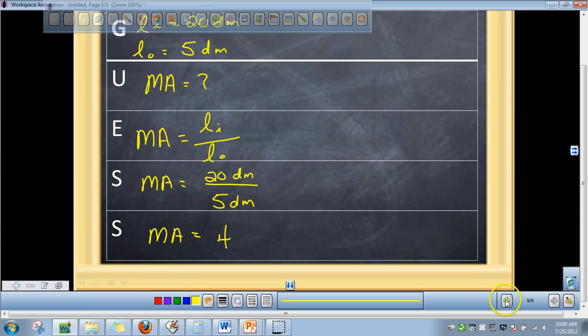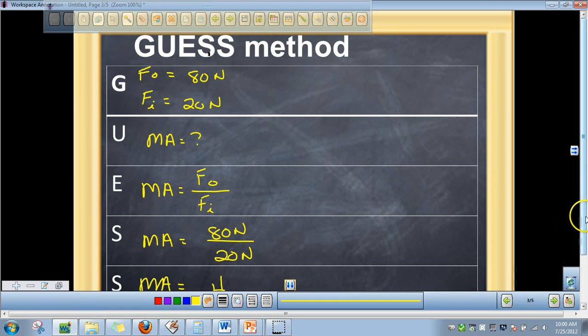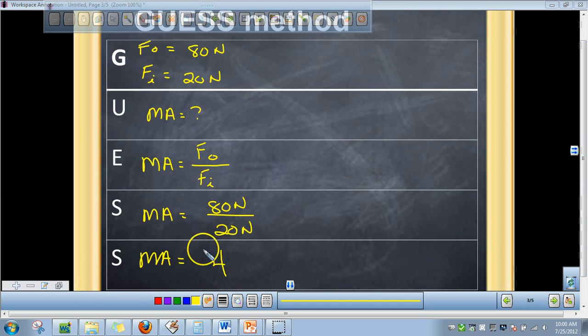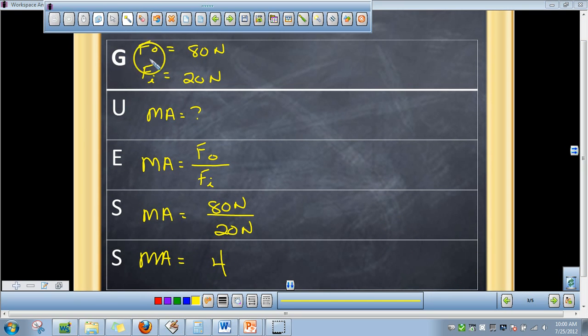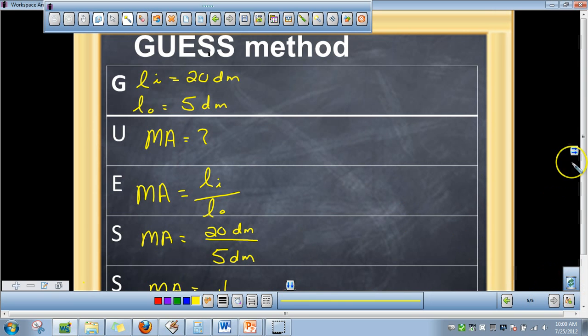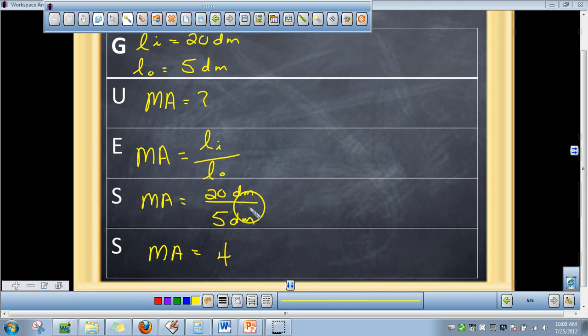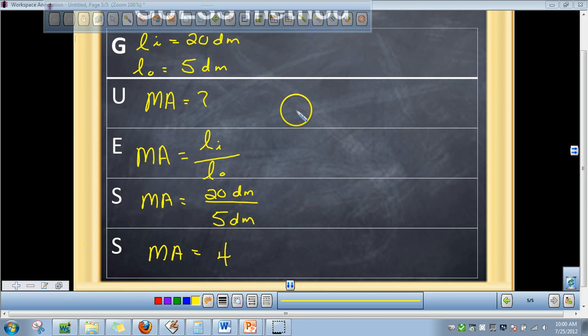Now if we go back a few screens, when we calculated the mechanical advantage of the lever using force, we found that it was 4. Mechanical advantage when we calculate it using length is also 4. If it's the same setup, the same machine and the same object and the same person pushing on it, then the mechanical advantage is going to be the same no matter how you calculate it.